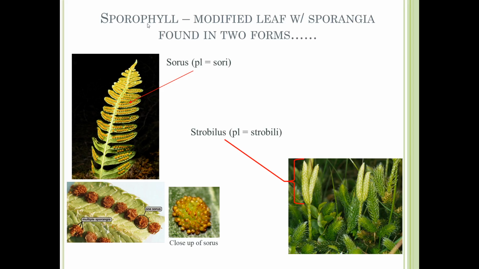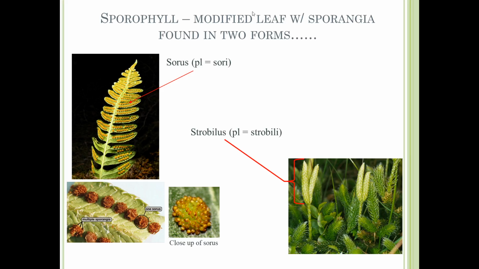So if you remember from the previous slide, I said phyll meant leaf. Sporo, you've seen this before, like in sporophyte, so this is spore and this is leaf. So anytime you hear me talk about or you read about sporophylls, please understand that those are just leaves that have been modified to have sporangia.